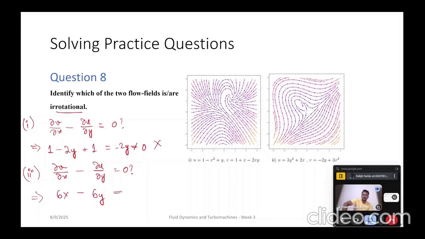And once again, this is not equal to 0 in general. So once again, this is also not irrotational. So your answer should be none of the above. Both 1 and 2, the flow fields, are in fact rotational. There is a finite vorticity everywhere.